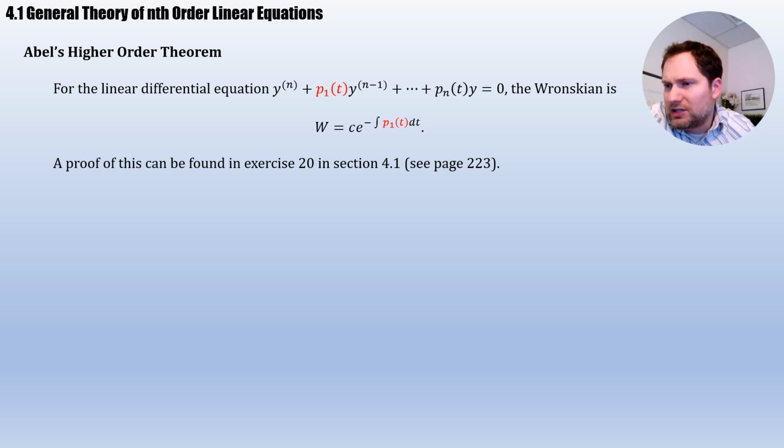Notice the use of this term right here, provided that you have the equation in canonical form, where you've already divided through by the highest order term coefficient function. We're using the nomenclature that we were using earlier with P1. This turns out to be the only coefficient that matters in this formula.